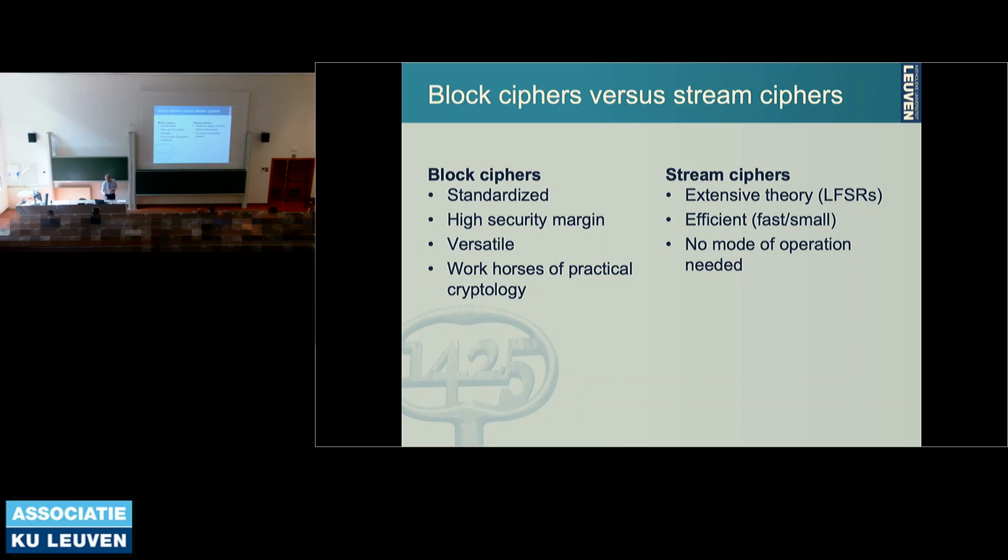But they're always made small and fast, and you don't need an extra mode of operation. For block ciphers, you need a mode of operation. There is less theory, but nevertheless, the public standards are typically block ciphers. They're designed with a high security margin. There are many different modes of operation to get you different properties. And so they're used a lot in practice.